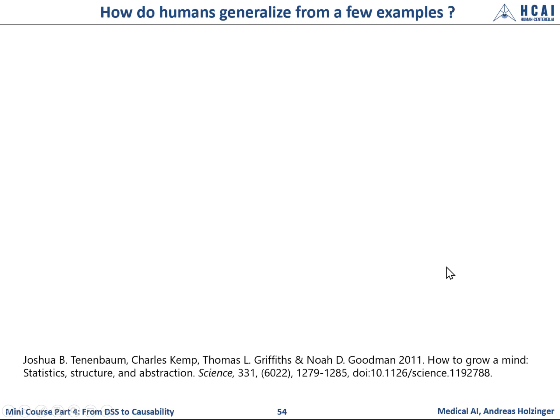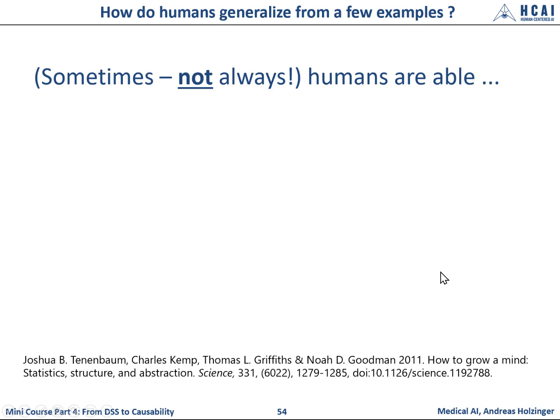So how do humans generalize from a few examples? Sometimes, and Daniel Kahneman brings us back to the human-in-the-loop principle. You can remember when I showed you the first slides in lecture 1 about robustness. Why are people considered robust and able to generalize from very few examples?